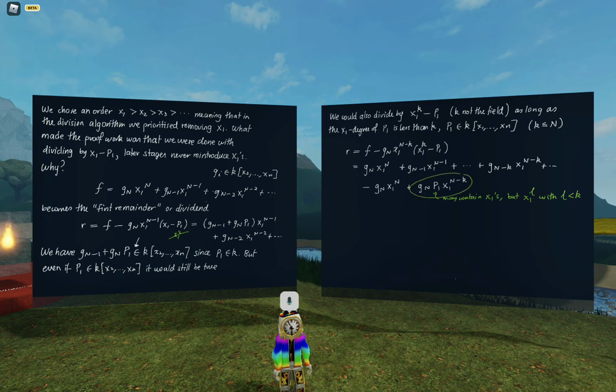So P1 times x1 to the n minus k contains powers of x1 less than n, so this can contain powers at most x1 to the k minus 1. Strictly less than n. So I don't know why I wrote that.